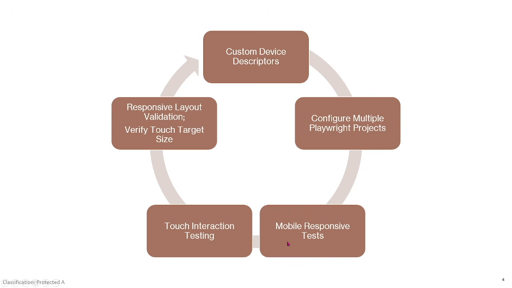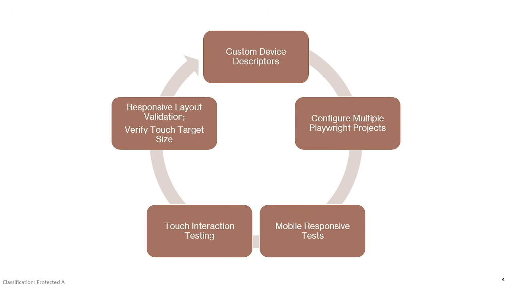Now let's write our first test, responsive tests. This first test verifies that the mobile navigation button is available. Next, we'll verify the viewport width to ensure we actually run inside mobile-sized browsers.